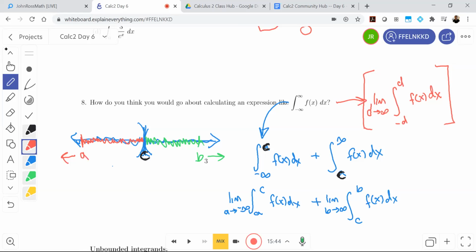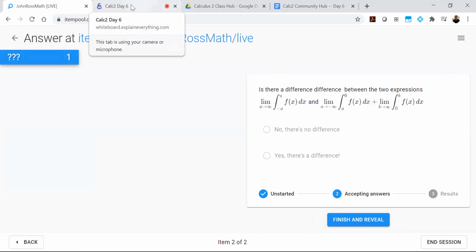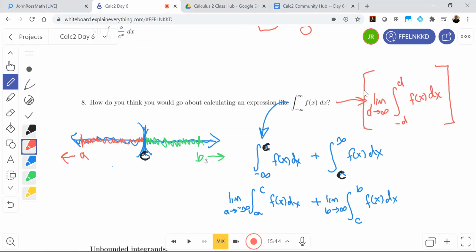So I have the second poll question, just as a gut call. Is there a difference between these two expressions? Take a moment to think about that. Is there a difference between the limit as a goes to infinity of the integral from negative a to a of f of x dx, versus the expression that we wrote down here, splitting it and taking the two sides separately versus absorbing both sides at the same time?